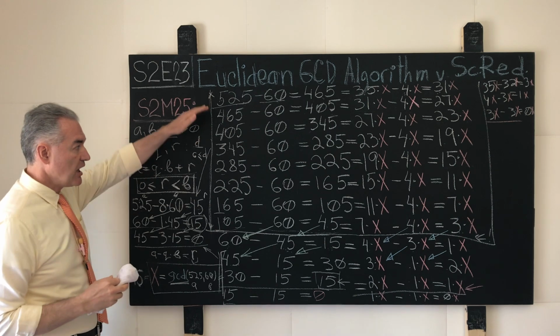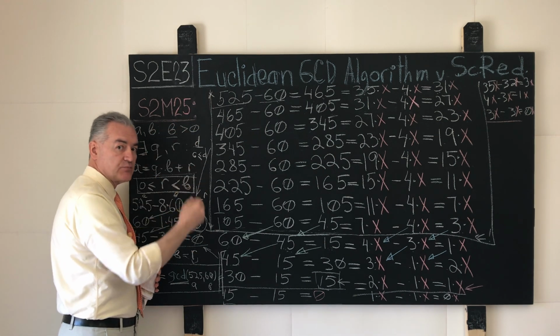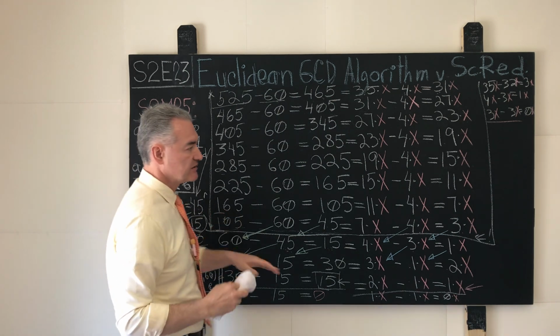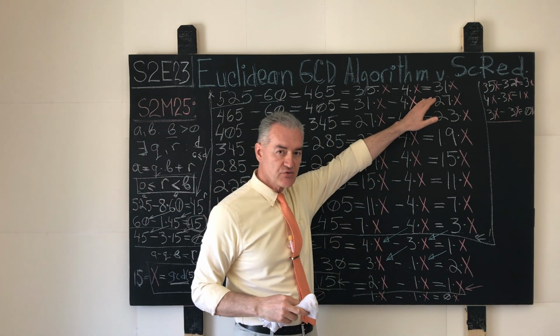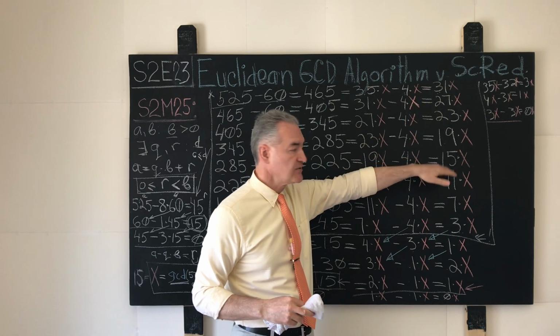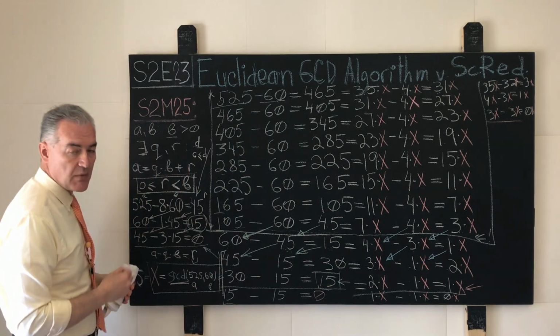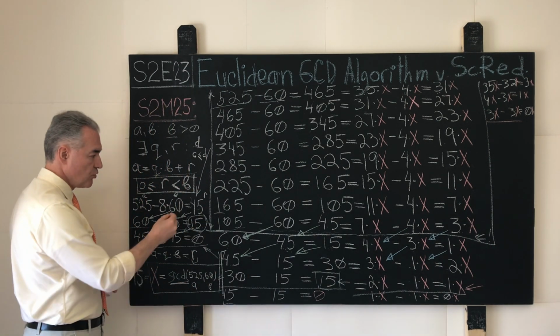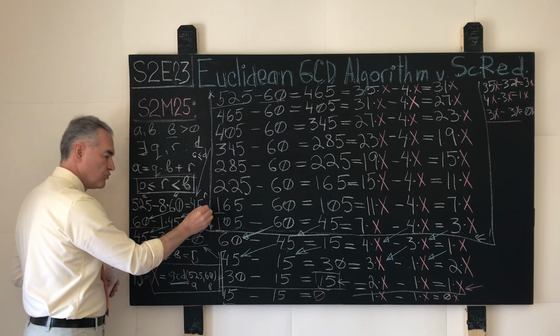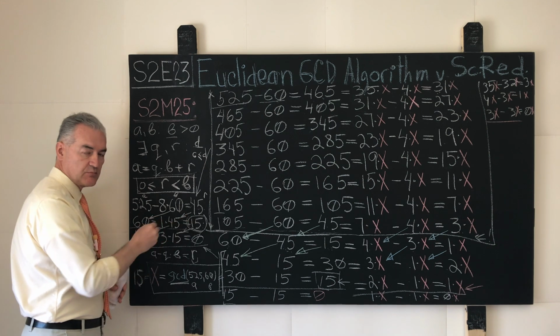If we look at this algorithm through the lens of consecutive subtractions, the Euclidean style, it takes us a little longer, but we see a genuine decrease on every step: 31, 27, 23, 19, 15, and so on. If we look at this algorithm through the lens of the modern division algorithm theorem, then over here the residues go what? 45, 15, bam, 0. So a genuine decrease. So that's number two.